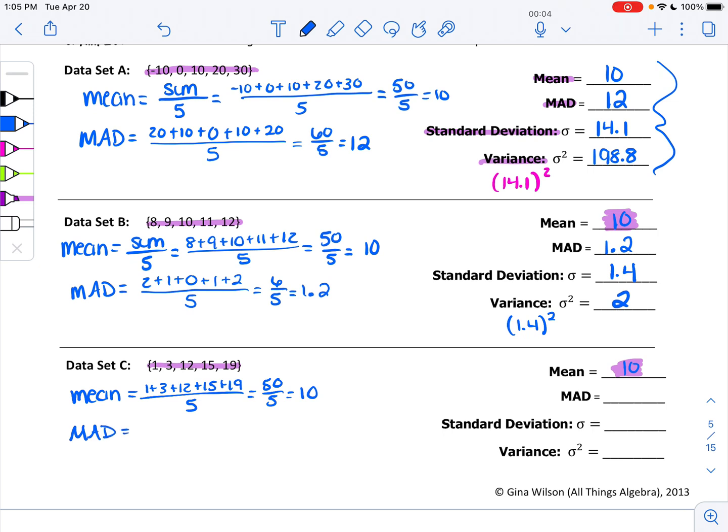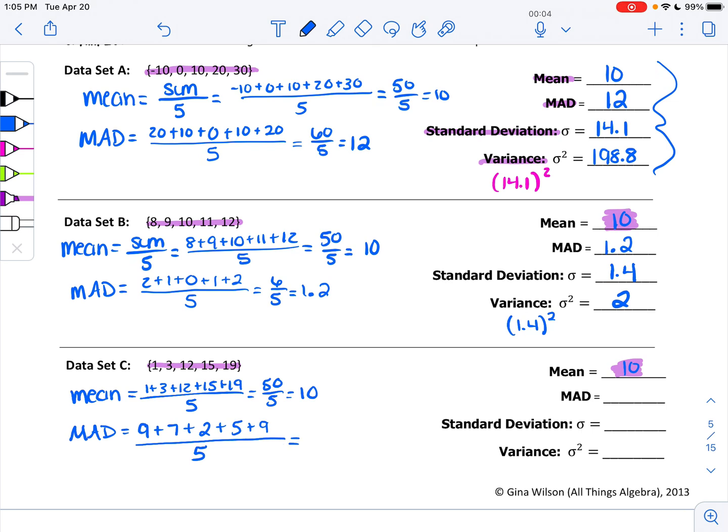So the distance from 1 to 10 on a number line is 9 units, plus the distance from 3 to 10, that's 7 units. The distance from 12 to 10 is 2 units. The distance from 15 to 10 is 5 units, and the distance from 19 to 10 is 9. Remember, these are all distances, so they should all be positive, and that's divided by our total number of values, 5.